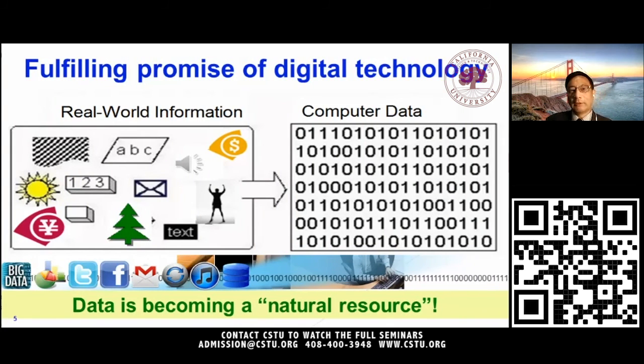Originally it was a punch card. Now we have disk, tape, solid state disk. Data is becoming a natural resource. Data is not nature. Nature is the soil, the air, the water. That's a natural resource. Data comes from electronic devices, but its importance is becoming similar to a natural resource. More and more, we cannot leave data out of our normal life. We rely on that.